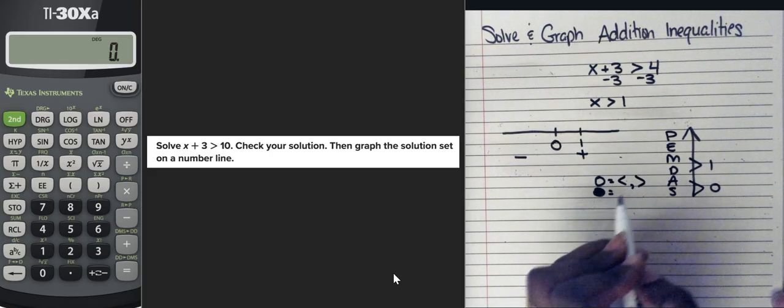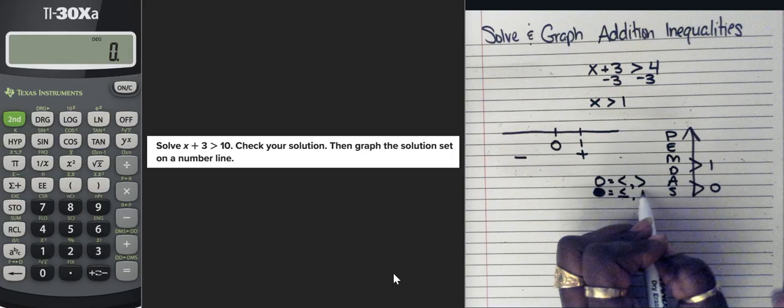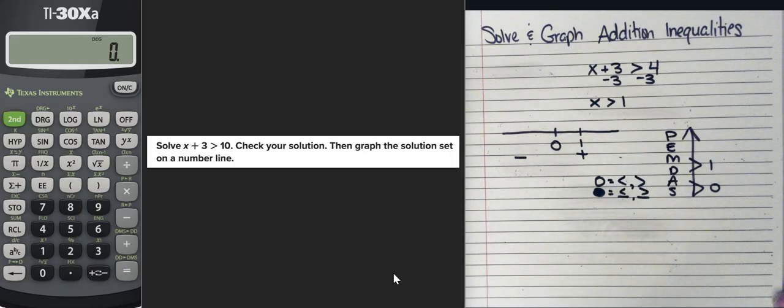And if you have an equal sign, then it could be less than or equal to, or it could be greater than or equal to. Okay. And so basically, what this means is that your value has to be either less than or greater than whatever the number is that you're comparing it to. Or in this case, if we have the closed circle, it can also include that value as well.